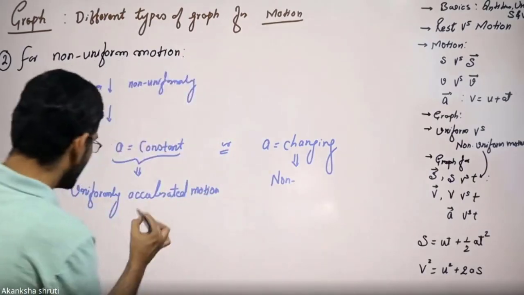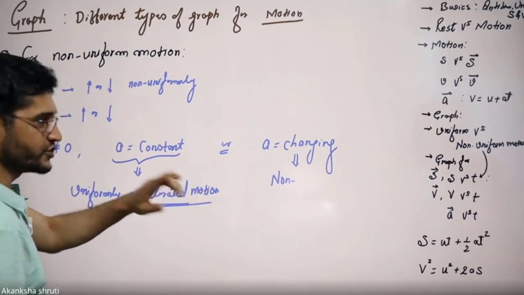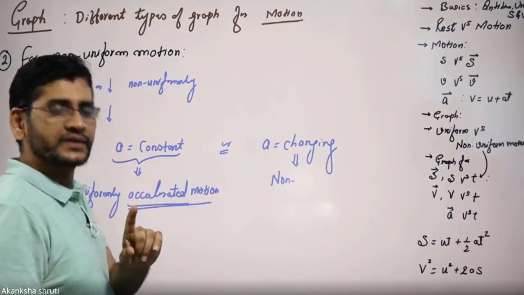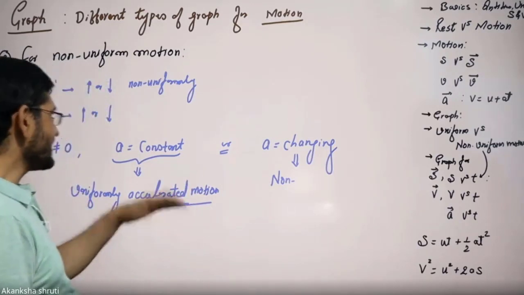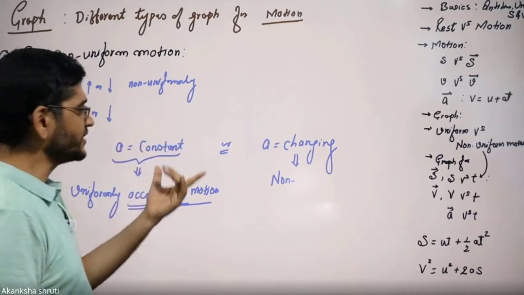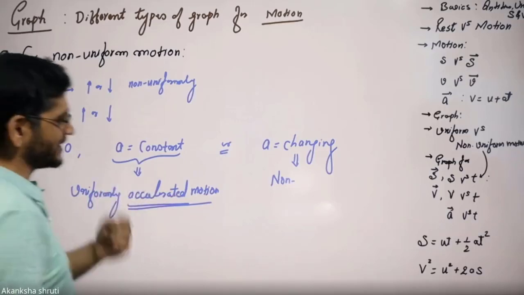Keep in mind, it is accelerated motion. It is not simply the uniform motion. Keep in mind, uniform motion means speed is constant, acceleration is zero. But if the acceleration itself is constant, meaning acceleration is now not zero, but has some constant value, then it is called uniformly accelerated motion.